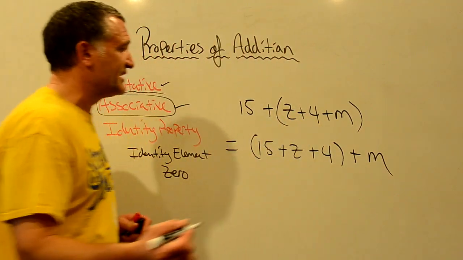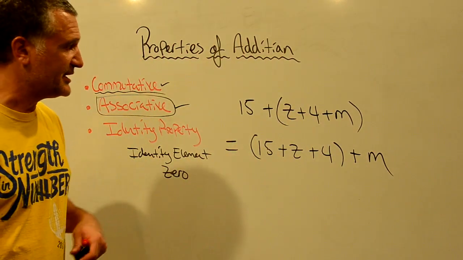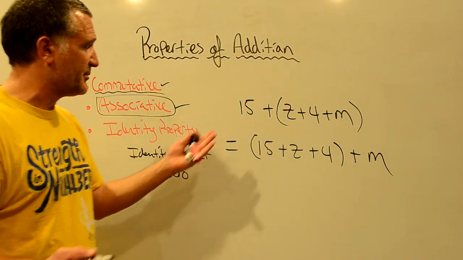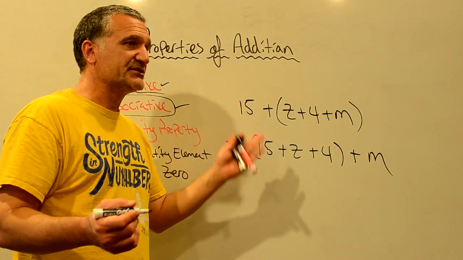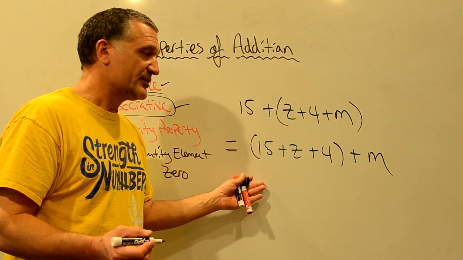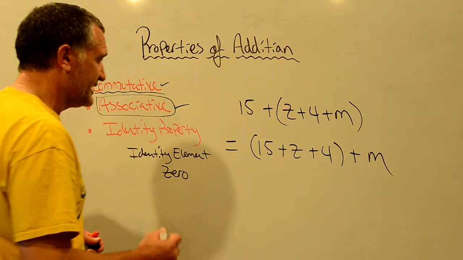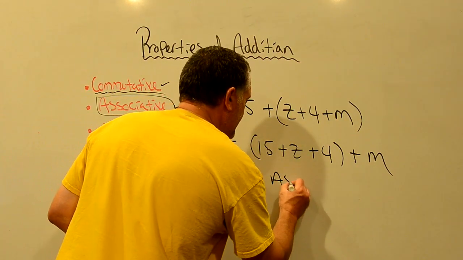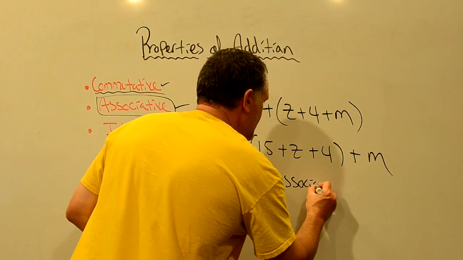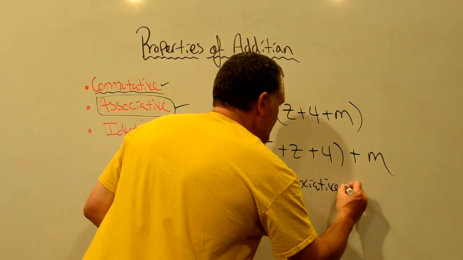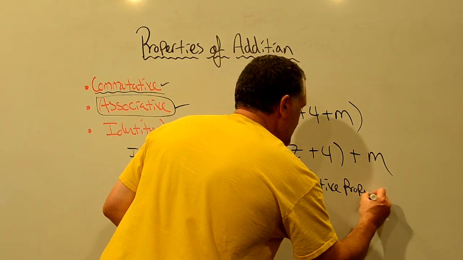You're asked to identify which property illustrates this transformation from this statement to this statement. Well, the answer to that would of course be the associative property of addition.